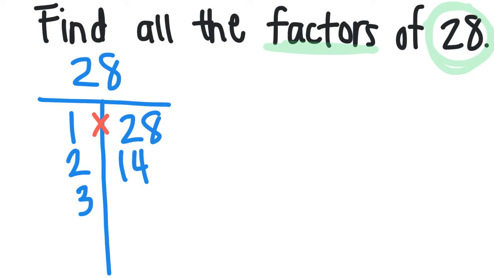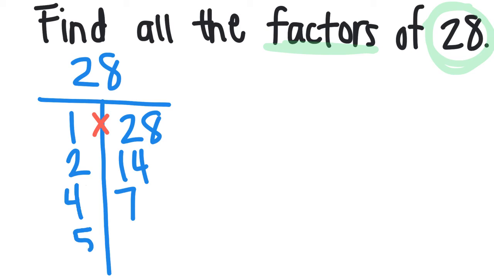I need to figure out if 3 fits into 28. I know that 3 times 9 is 27, and 3 times 10 is 30, so no 3. Okay, what about 4? I know that 4 times 7 is 28.